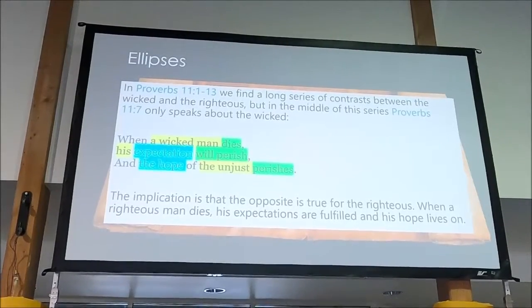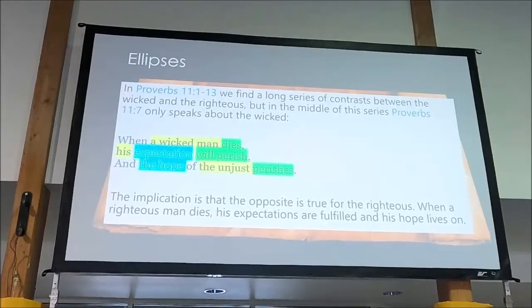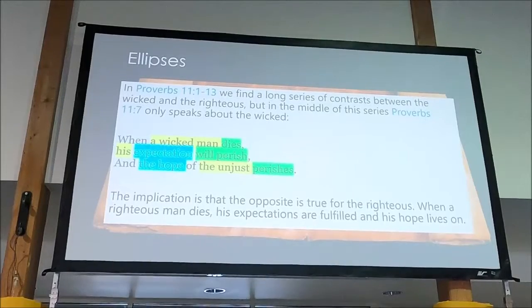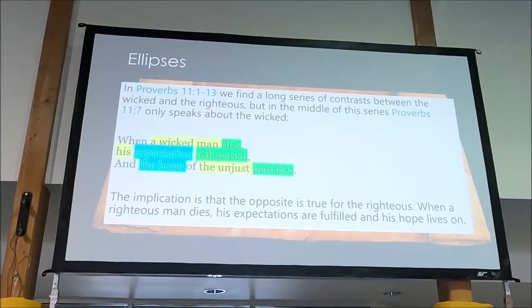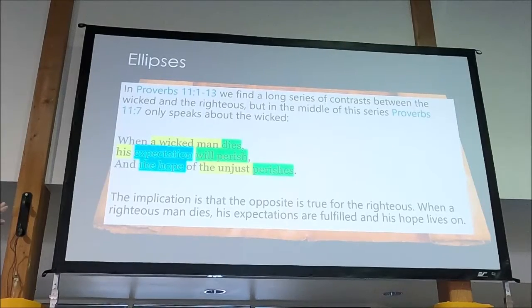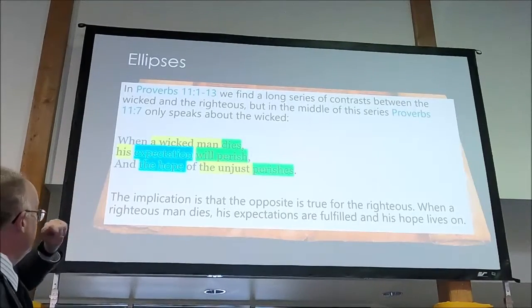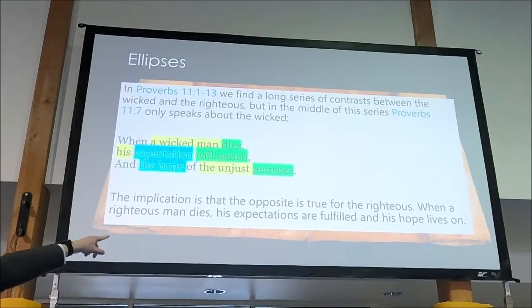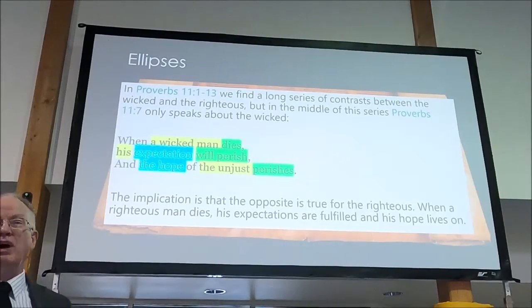It's left for you to fill out. And by the way, if you continue on, this is right in the middle. Go the other side for another 6 verses: righteous, wicked, righteous, wicked, righteous. Right in the middle is just one. You have 6 with one in the middle that's just wicked, but the other ones are all pairs. Okay. When a wicked man dies, there's this parallel. The unjust is parallel, so we have 3 of them: he dies, he perishes, he perishes. You have 2 of them, his hope and his expectation. Why say it 3 times?